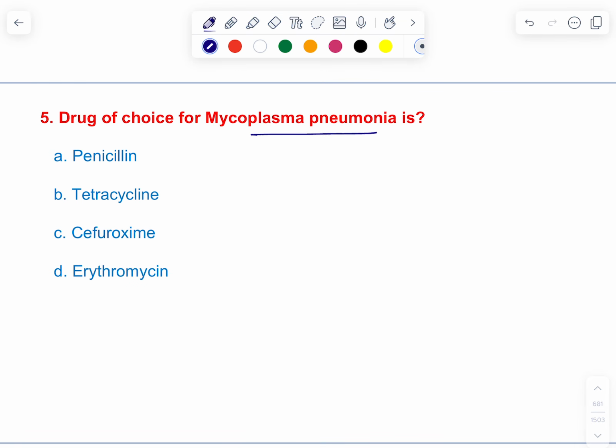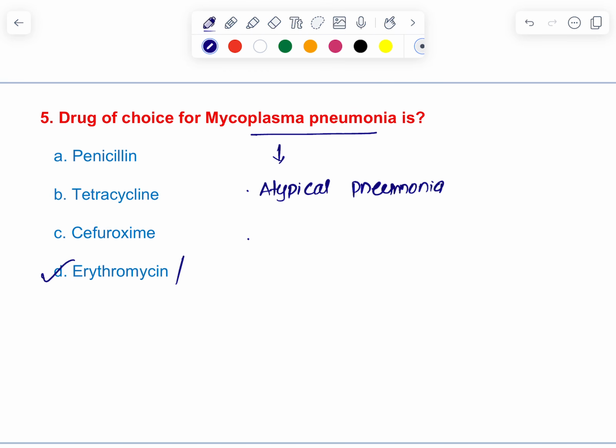Drug of choice for Mycoplasma pneumonia is, the options are penicillin, tetracycline, cefuroxime, then erythromycin. So Mycoplasma pneumonia is one which will be causing atypical pneumonia. And this Mycoplasma is the smallest living organism causing atypical pneumonia that is best treated by erythromycin.